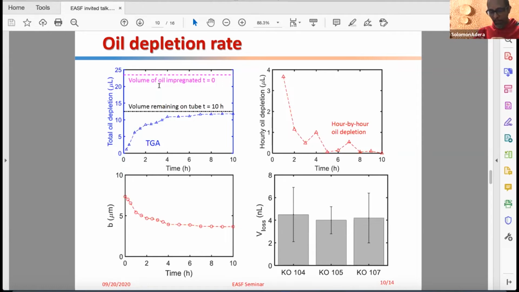So I fabricated the copper tube, I measured the mass, I measured the weight, and then I lubricated it, waited for 12 hours, and measured it again. The difference in weight would give me the mass of the lubrication oil. Since I know the density, I can get the volume of oil impregnated onto the copper tube. That's the volume of oil impregnated at T equals 0.